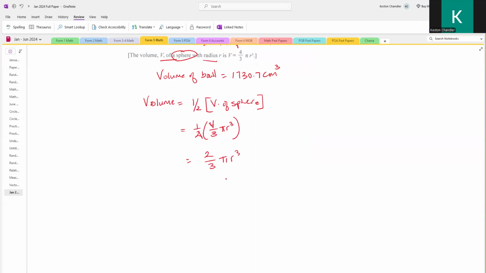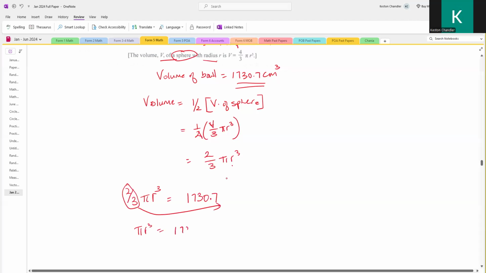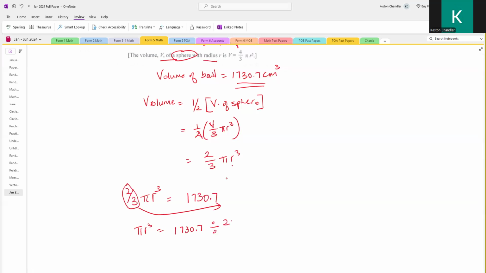Now we don't know what the radius is. But we know the volume is this. So what we're going to do, we can move this 2/3 first. If I move that 2/3 first, I will get 1730.7 divided by 2/3. Because it's multiplying here, when I carry it across, it has to divide.